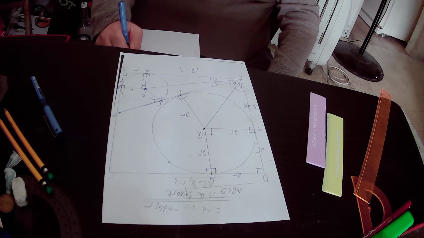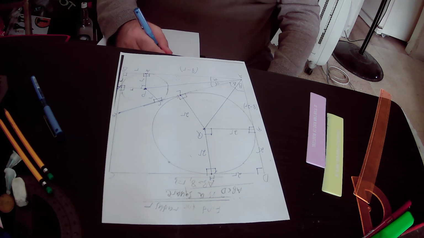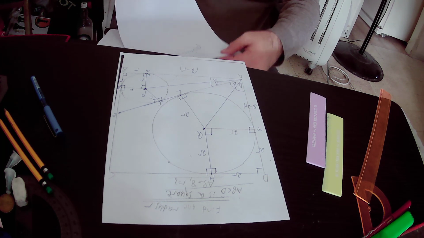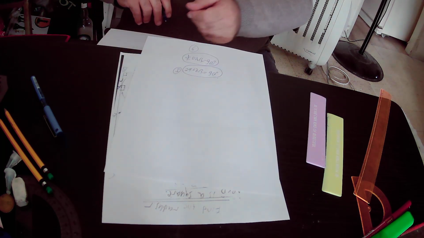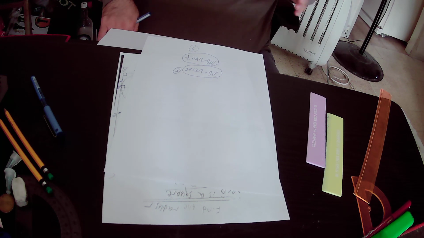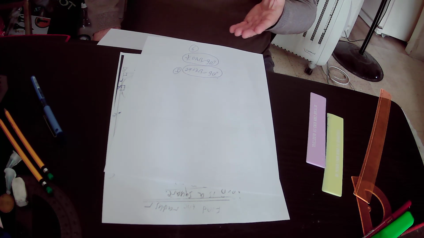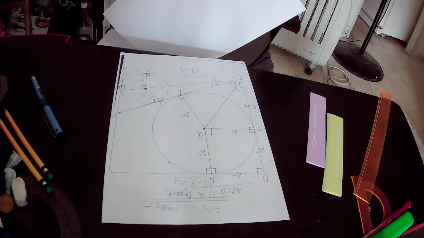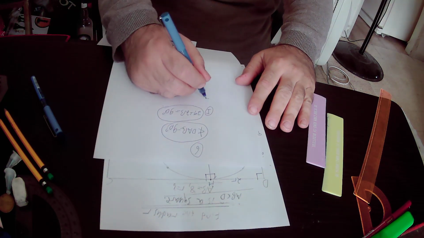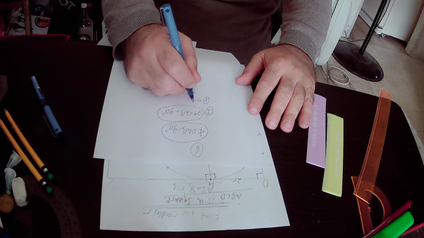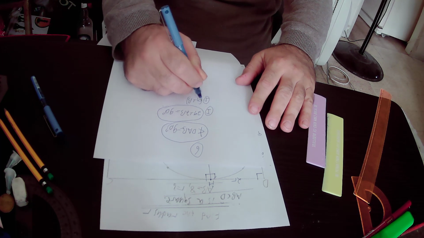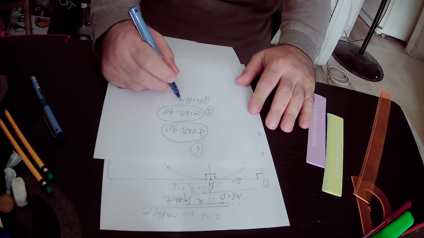Okay. This will be equation number 1. Equation number 1 states that 2 alpha plus 2 beta equals 90 degrees. Here we will divide this equality by 2, and we will get that alpha plus beta equals 90 degrees over 2, which is 45 degrees.